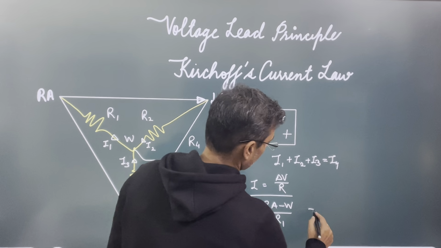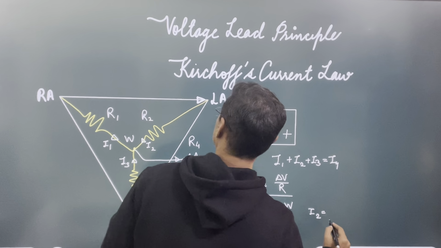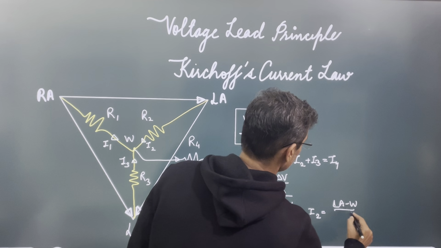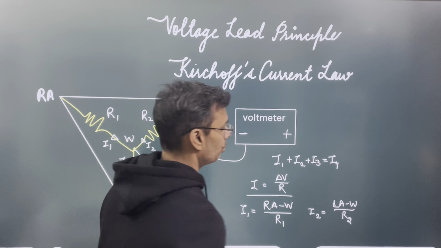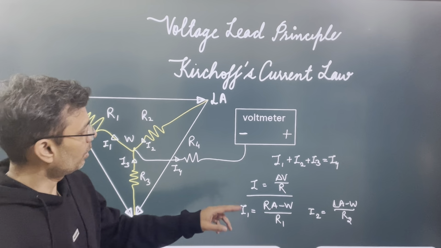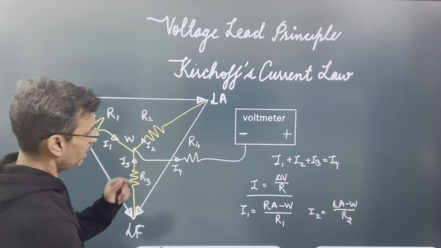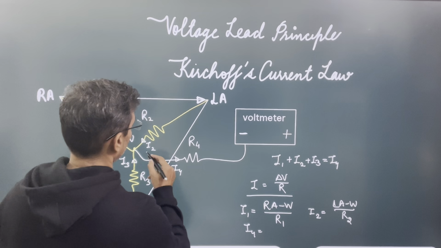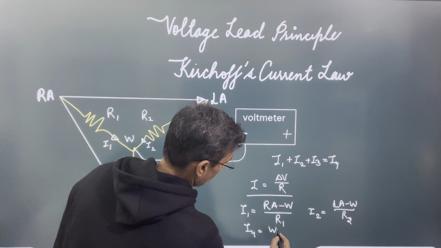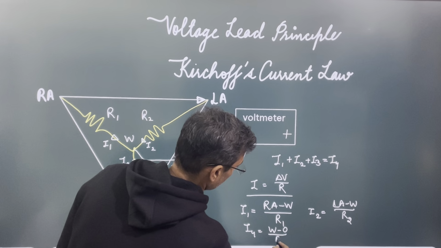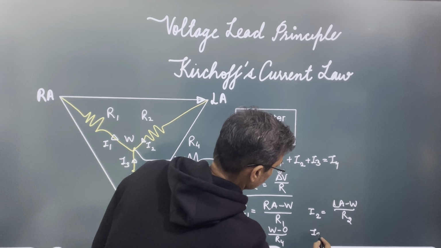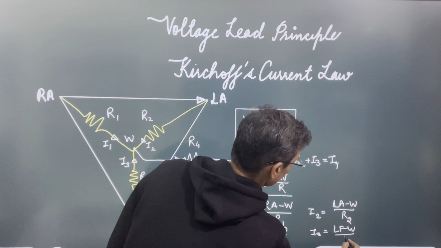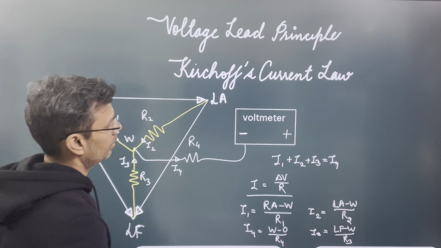Similarly, I2 is LA minus W over R2. And similarly for I3 and I4. Here I4 is W minus 0 over R4, and I3 we can write as LF minus W over R3.